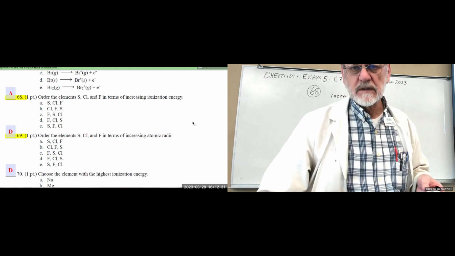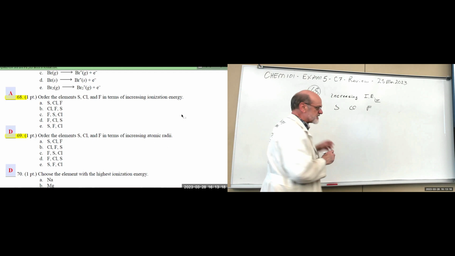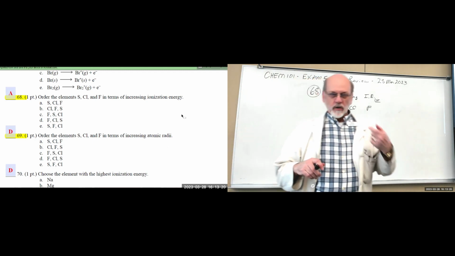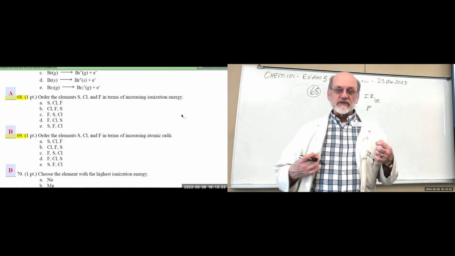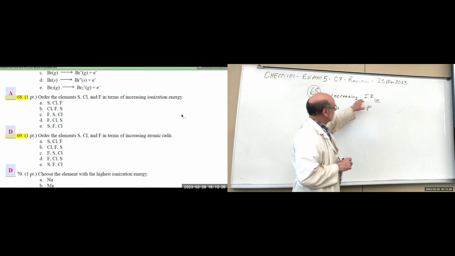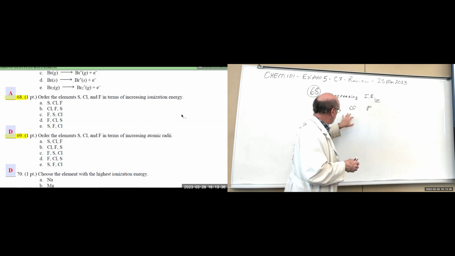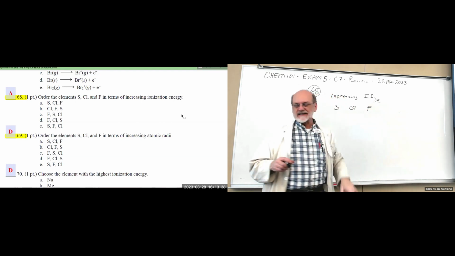Start over again. Number 68. Order the elements sulfur, chlorine, and fluorine in terms of increasing ionization energy. Increasing ionization energy is understood to be the first ionization energy. If they don't say second or third, then they mean the first ionization energy.